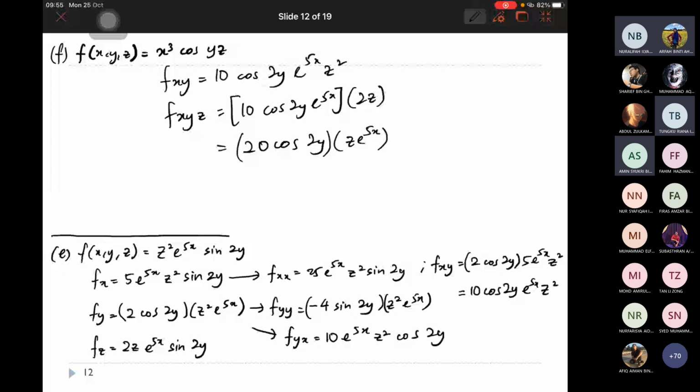What you are going to have for that particular function. Dah jelas yang ni.